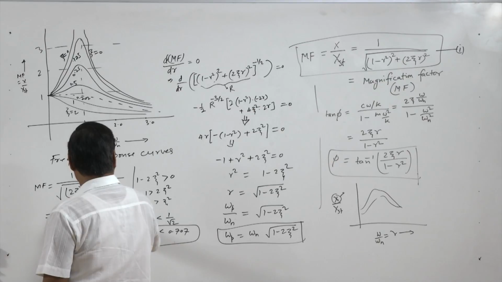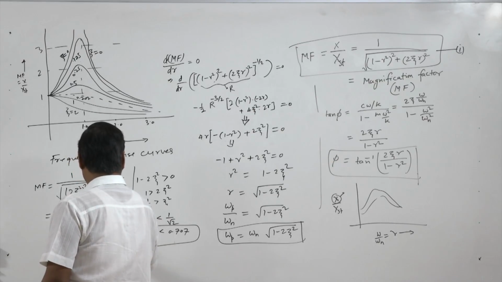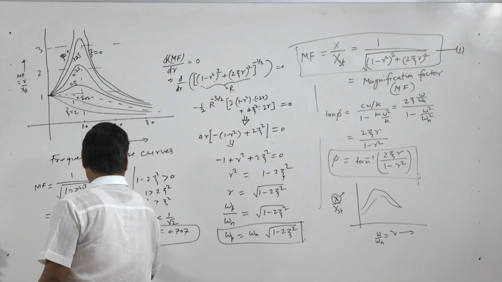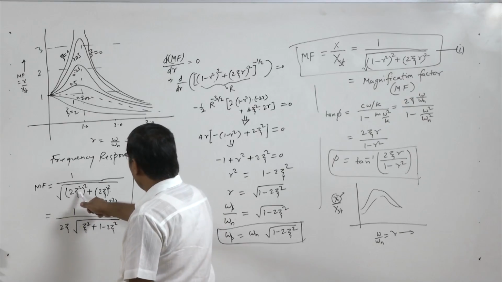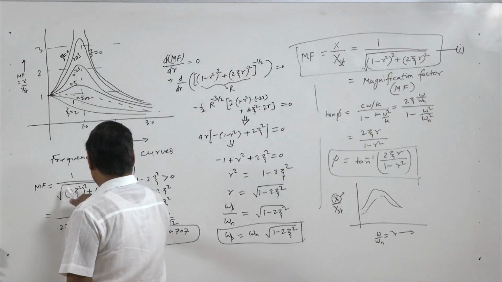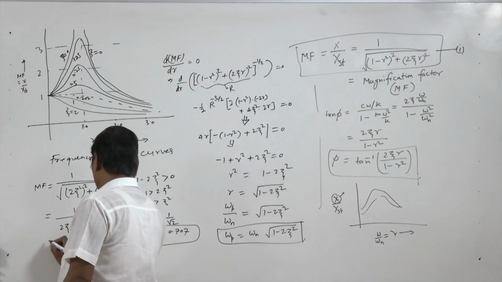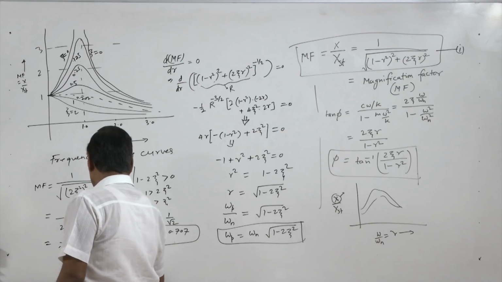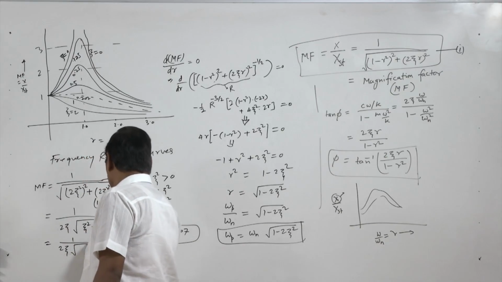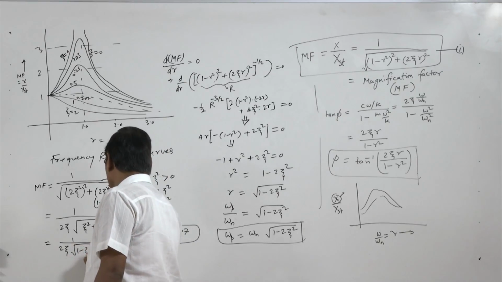So zeta square plus 1 minus 2 zeta square, because here we can write 2 zeta into zeta. So 2 zeta whole square comes, and here zeta square remains. So this we can write 1 by 2 zeta under root 1 minus zeta square.